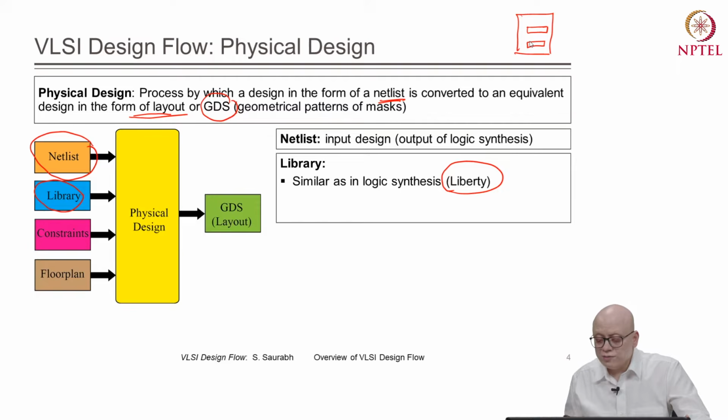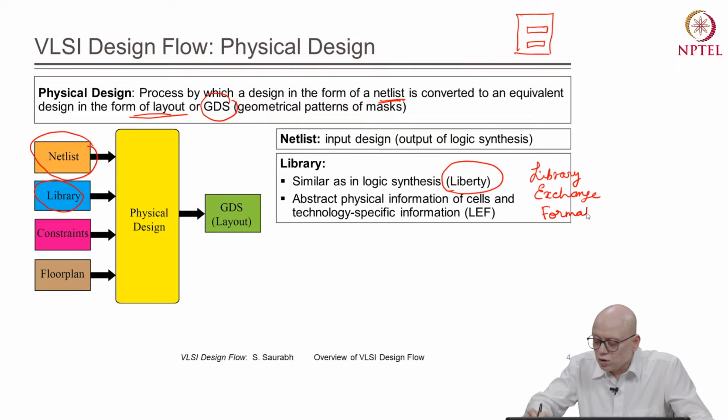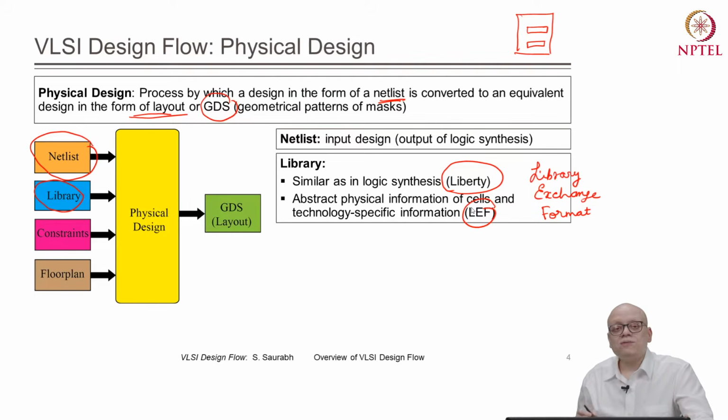So, for that we need to give the physical information of the standard cells in some abstract form, typically in a library exchange format, or LEF files, right. So, this LEF file contains information like bounding box for the standard cells, the pin locations, and also some information like specific resistance and sheet resistance and those kind of thing about the technology, right.